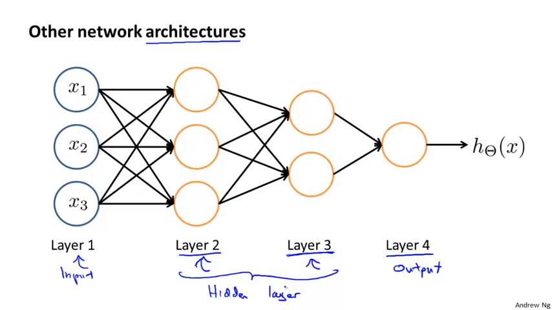I realize that some of the intuitions in this video of how certain layers are computing complex features of the earlier layers may still be slightly abstract and at a high level. So what I'd like to do in the next 2 videos is work through a detailed example of how a neural network can be used to compute nonlinear functions of the input, and hopefully that will give you a good sense of the sorts of complex nonlinear hypotheses we can get out of neural networks.